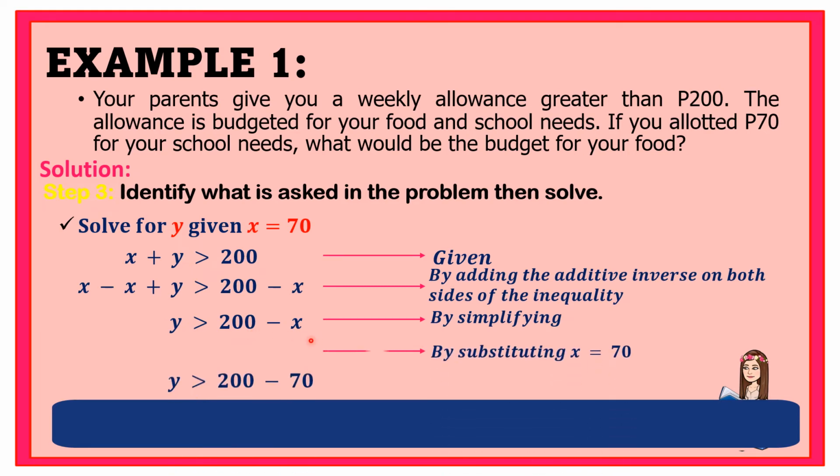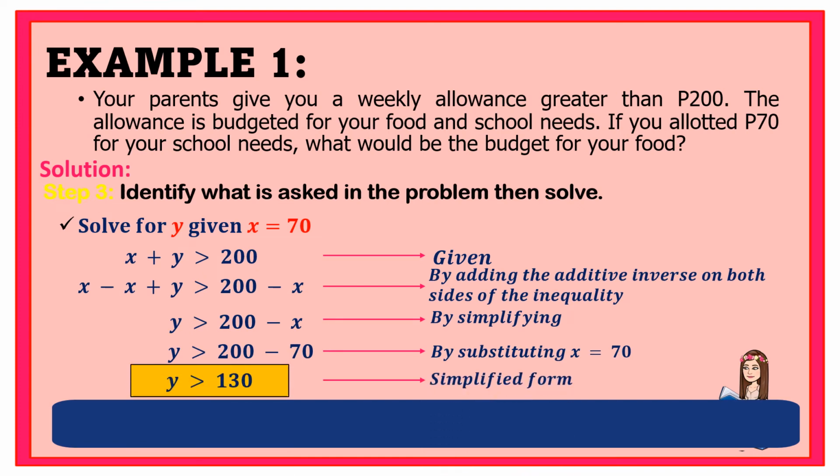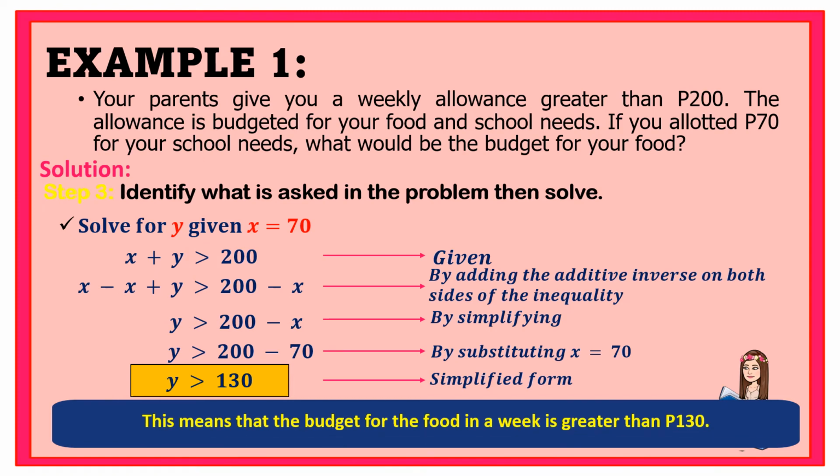So, ang X ay naging 70. Then, what is 200 minus 70? Alright, that is 130. Therefore, we can say that the budget for food in a week is greater than 130. Okay? I hope naintindihan.